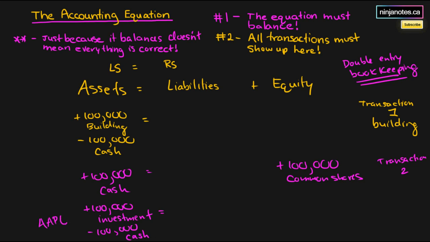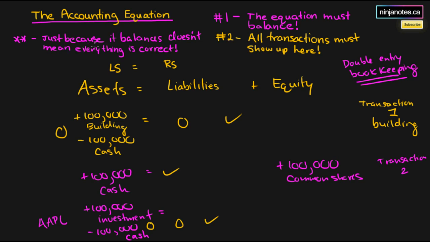We think there's going to be long-term growth there, so we invested. And 100,000 minus 100,000 equals 0 on the left side and 0 on the right side. That balances. We can check our work by seeing if the left side equals the right side. 100,000 is equal to positive 100,000. That balances. 100,000 minus 100,000 is 0 on the left side and 0 on the right side, so it balances once again. And that's what we have to make sure. We have to make sure that everything balances.